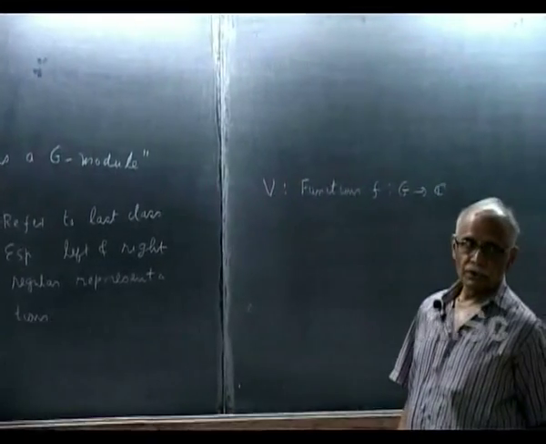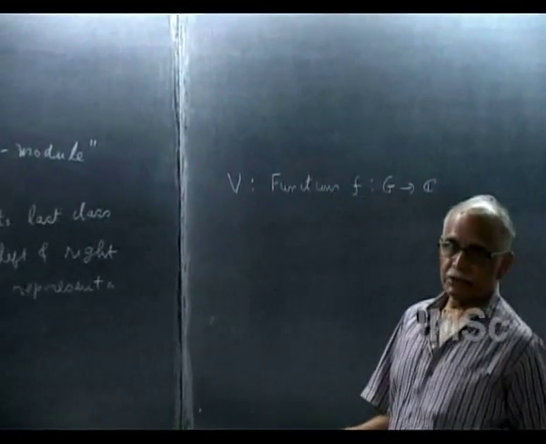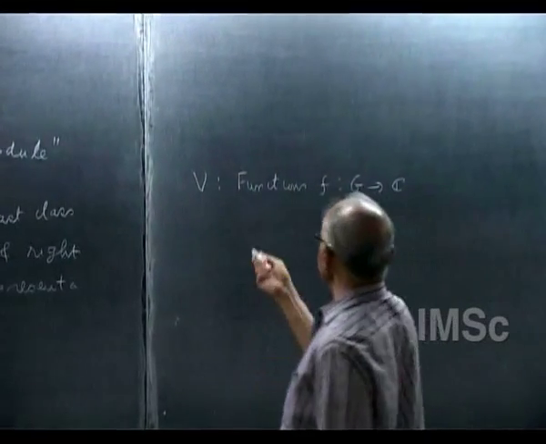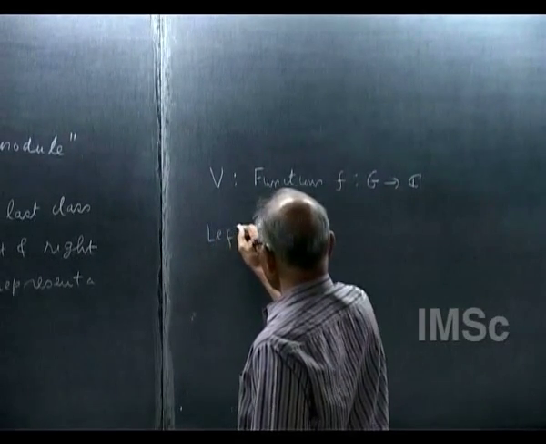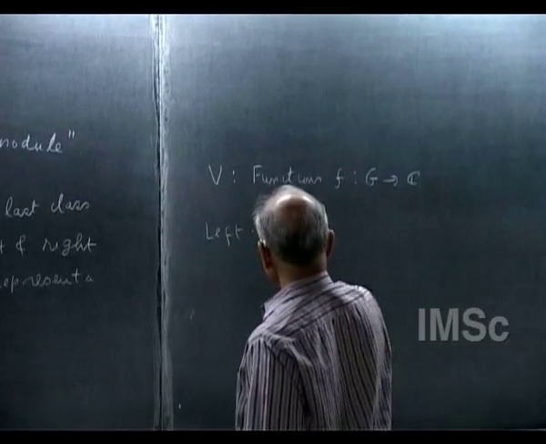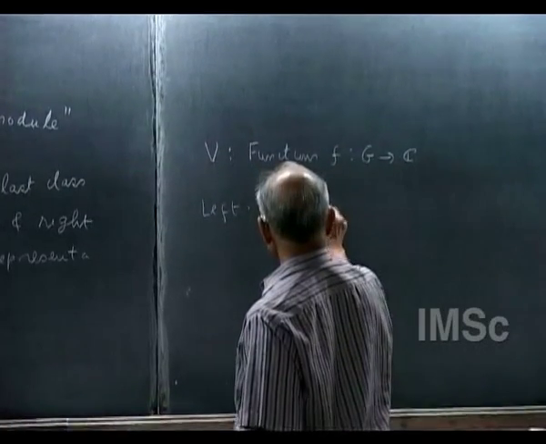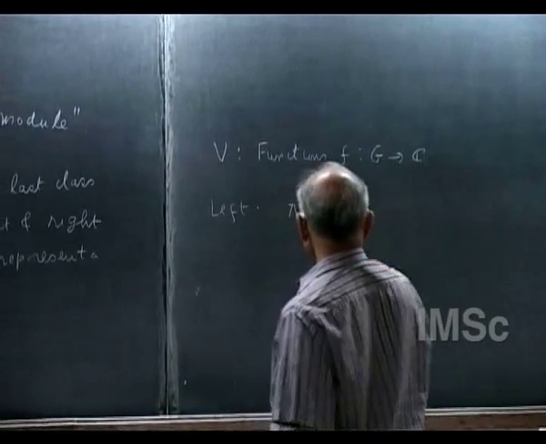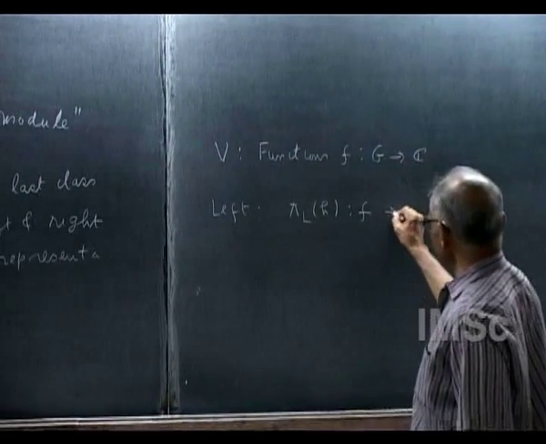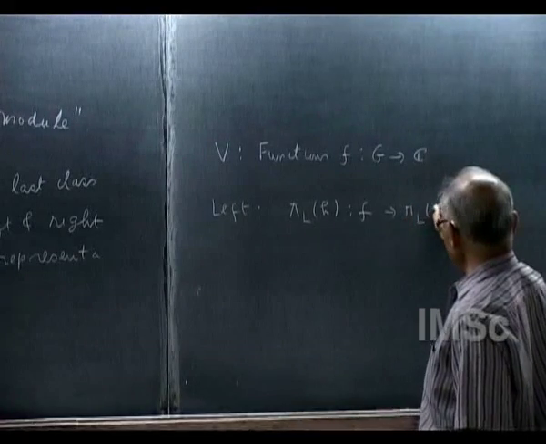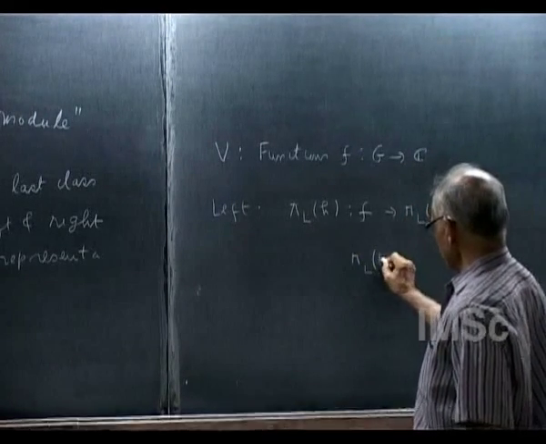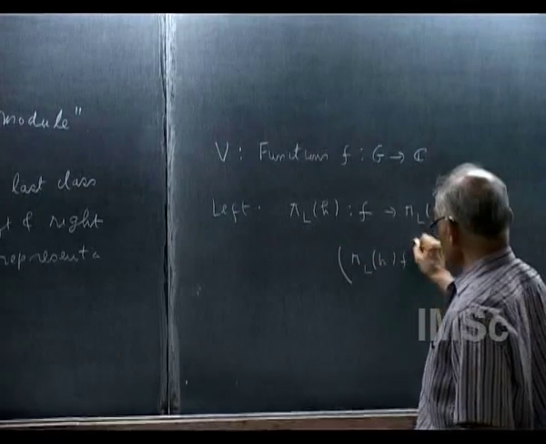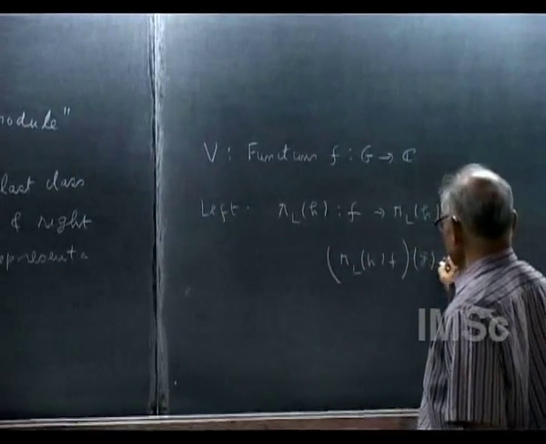The left representation is defined by pi L of h sends f to pi L of h of f, where pi L of h f at the point g is, you remember what it is?